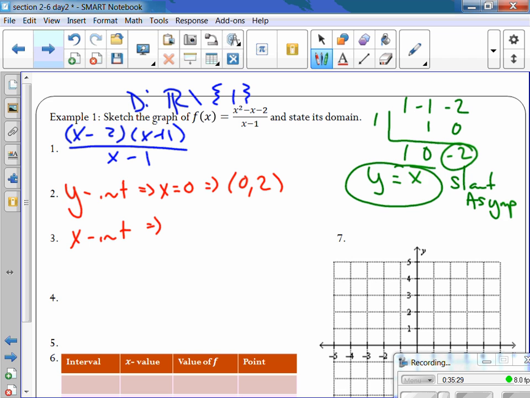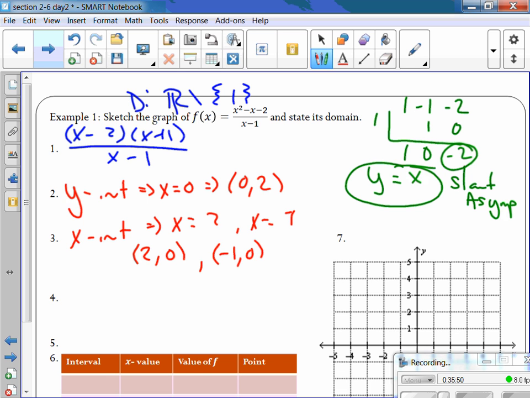So we wind up with 2, 0 and -1, 0. And for our vertical asymptote, it just comes straight from our domain. So x equals 1.